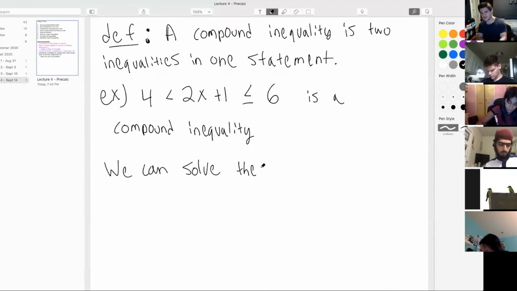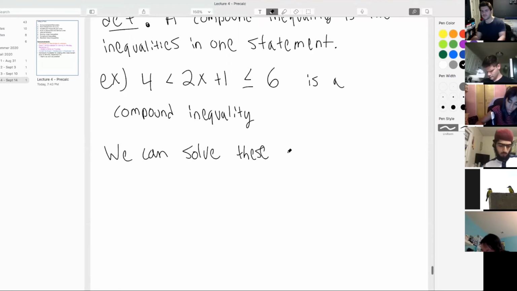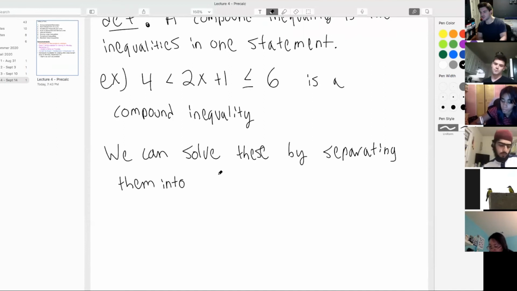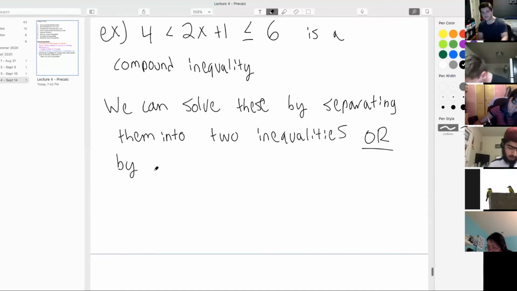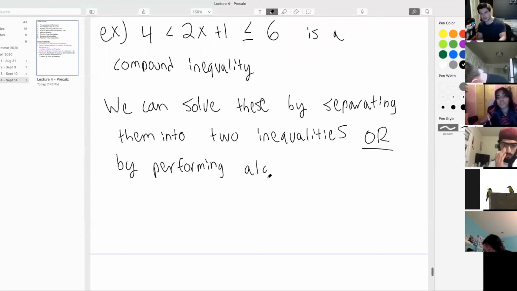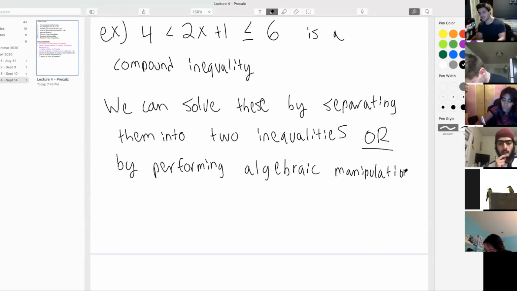The first way is by separating them into two separate inequalities and solving. Or the second way is by performing algebraic manipulations to all three sides simultaneously.